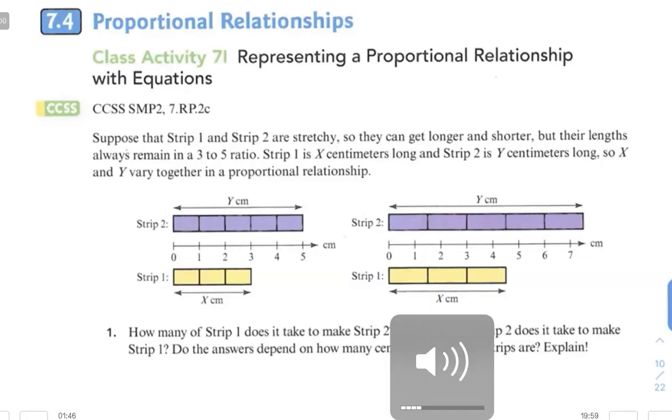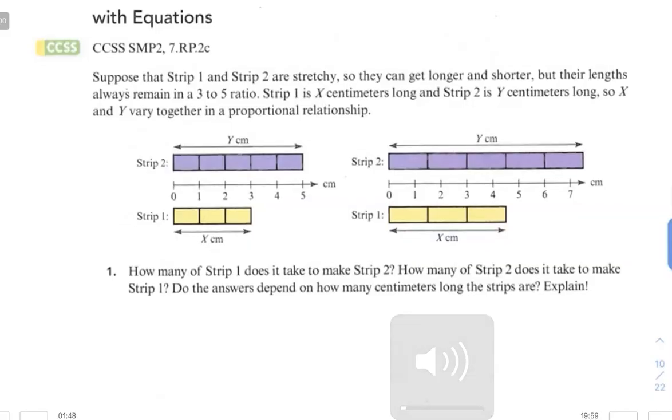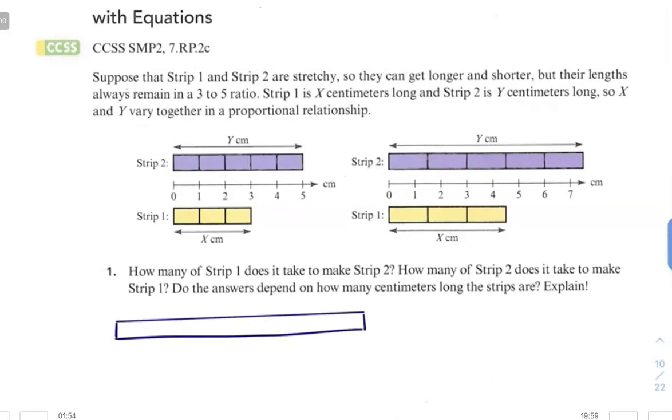So how many of strip 1 does it take to make strip 2? We kind of looked at that before in a slightly different example. If we have strip 2, and this is strip 1, we have a 5:3 ratio. Now, how many strip 1s does it take to make strip 2? Do you think that's going to be more than 1 or less than 1?